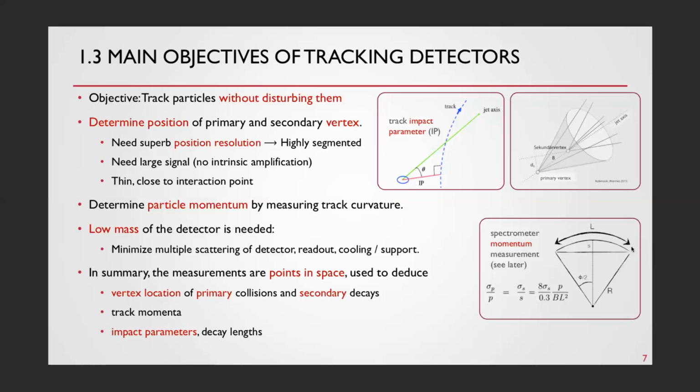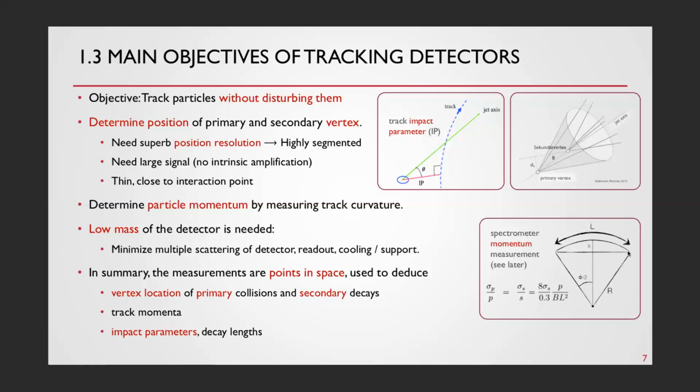The other one of the most important use cases is the spectrometer measurement, which is the measurement of particles' tracks and inferring the momentum. We will discuss this in detail in chapter 4. We'll derive this simple formula. Imagine this part of this circular track here that I trace out with the mouse cursor is the path of a charged particle.